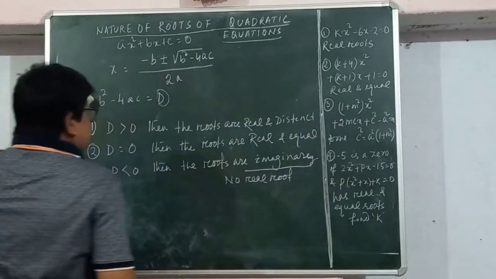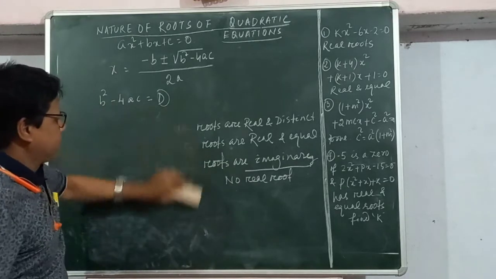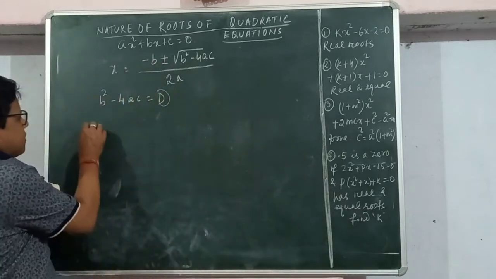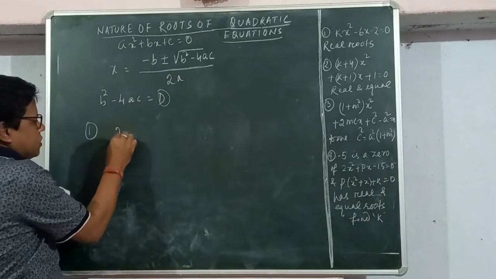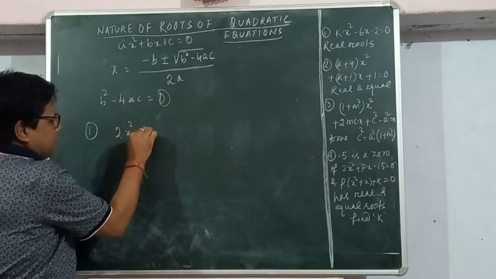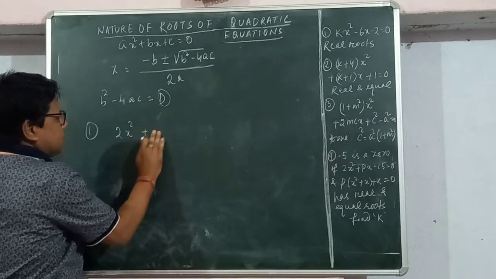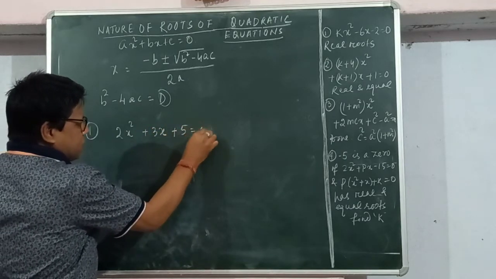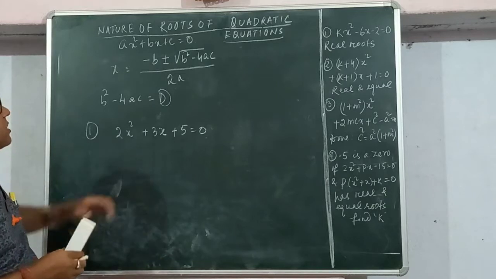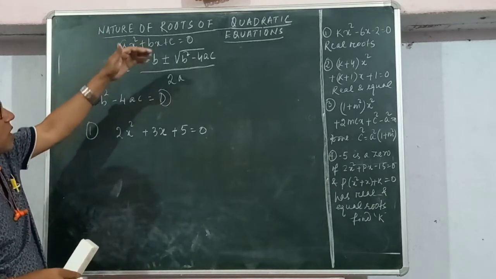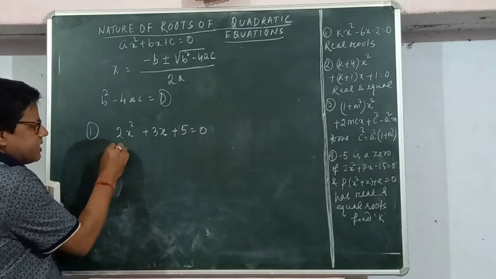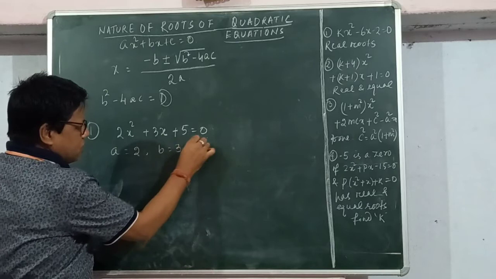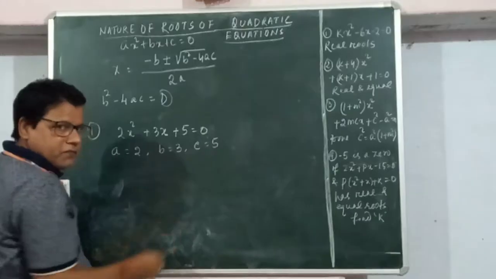Now, how do we find the nature of the roots? Take some examples. Number 1, suppose it is given 2x square plus 3x plus 5 is equal to 0. If we compare it with the general form of the quadratic equation, here we get a is equal to 2, b is equal to 3, c is equal to 5.